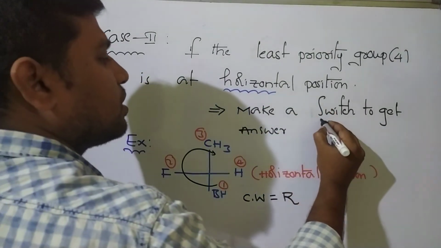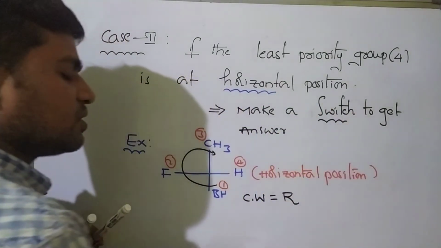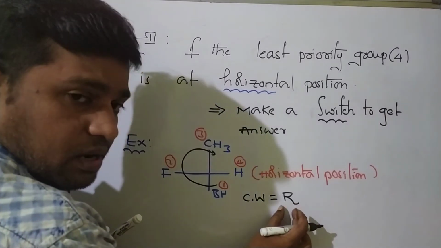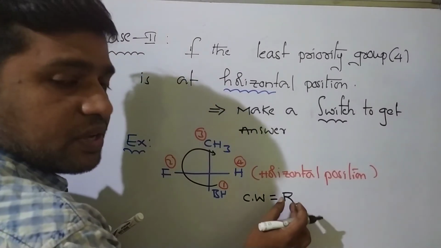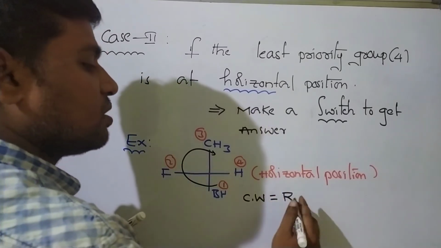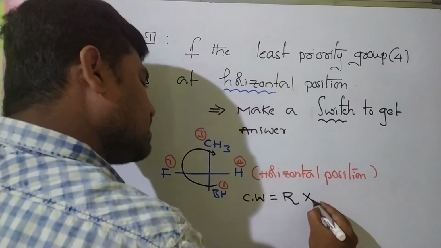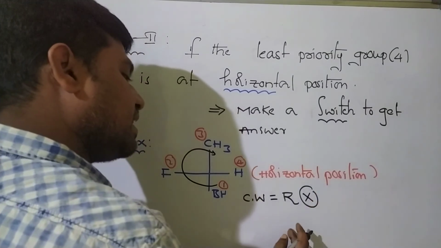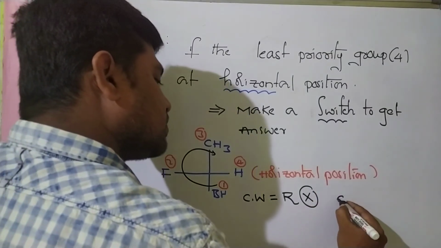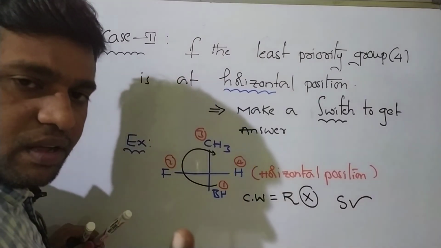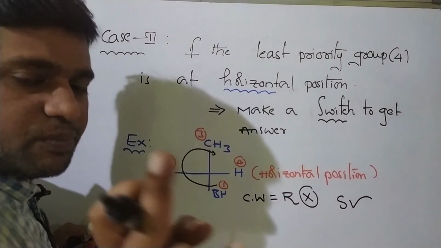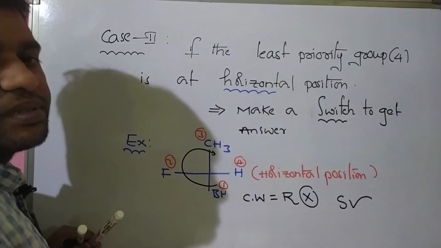What is called the switching process? Switching means if you get R, after switching you get the answer, means R is wrong. What is right? Here yes, S is right. If you get R, now the answer is S. That process is called the switching process.